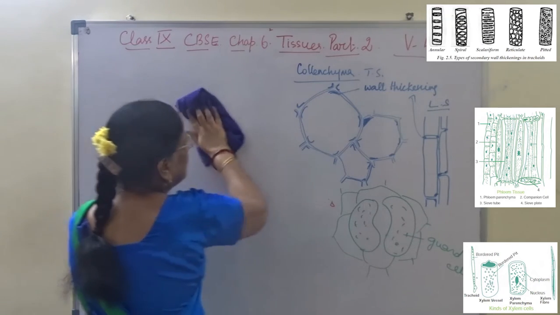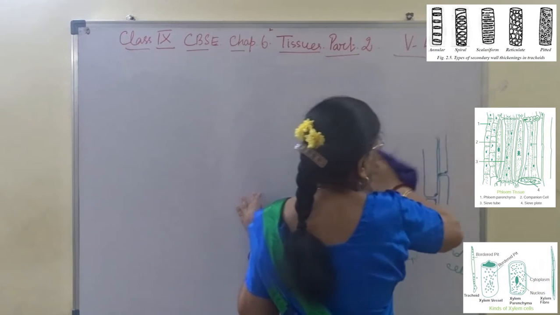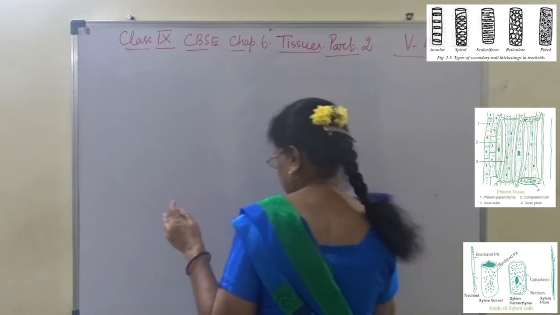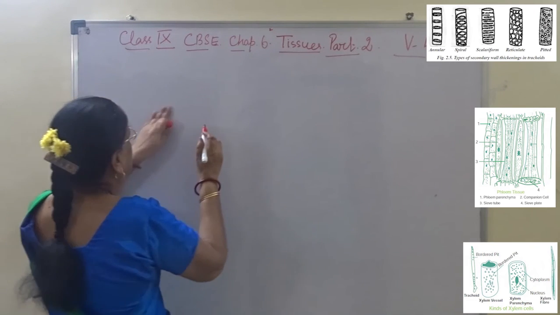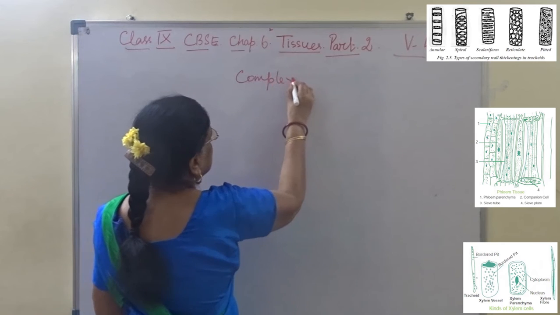So this is for the simple permanent tissues, right? Now we will learn about complex permanent tissues. Complex permanent tissues are xylem and phloem.